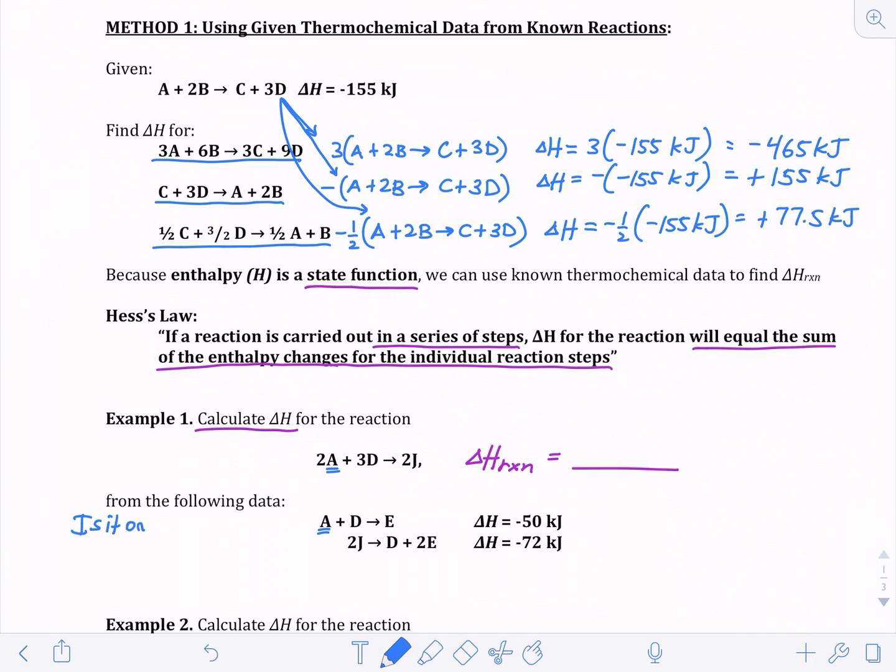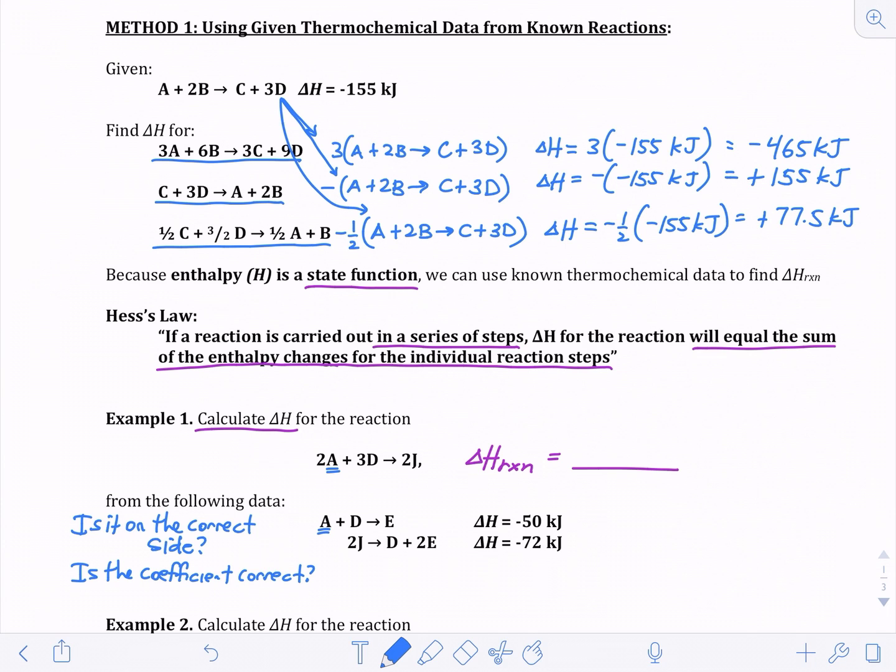Is it on the correct side? And is the coefficient correct? So I'm always going to ask myself those two questions when dealing with known thermochemical equations.